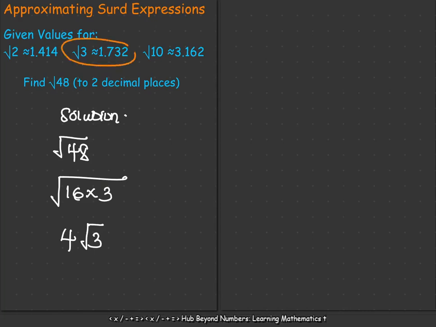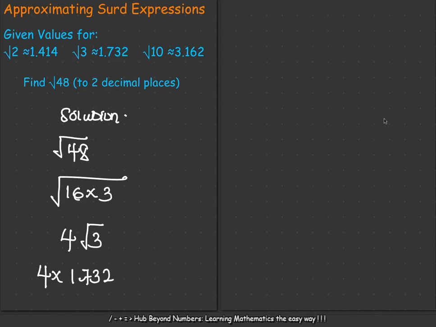So with this done, we now come back here. As you can see, we have already been given the approximated value of root 3. So we do our substitution here. Take note, the operation you have here is actually multiplication. So in other words, we have 4 times the square root of 3, which we are saying is 1.732. If you multiply this, what are you going to get? You're going to get 6.928.